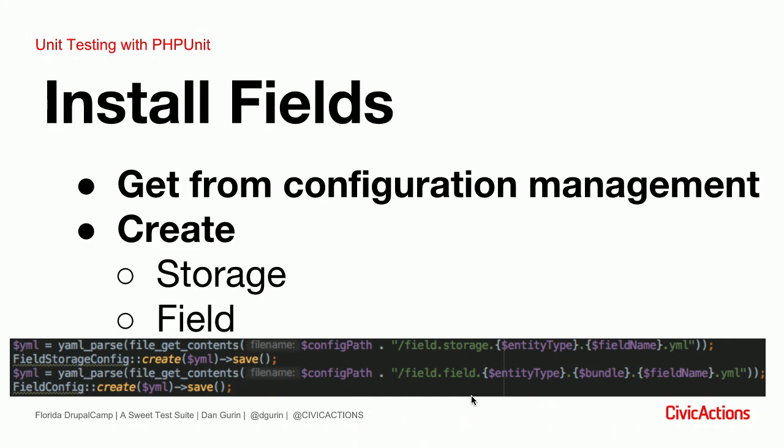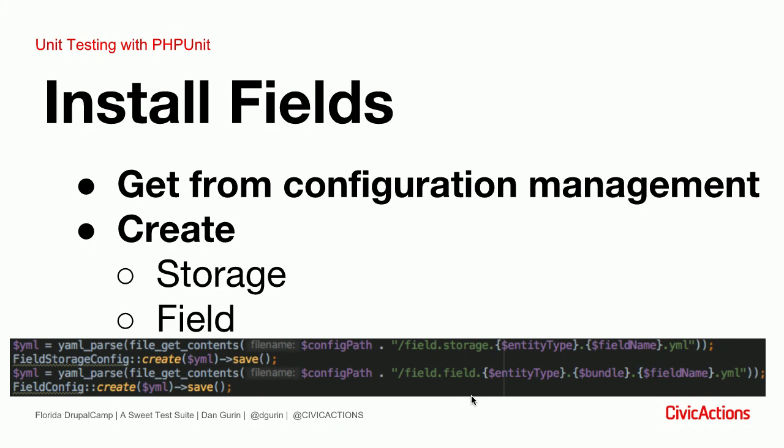Here's kind of a cool thing that we do to install fields, and it's a little bit later. We'll talk about a trait which you can use to do this a little bit more easily. Get it from configuration management, and then create the field storage and then the field itself.